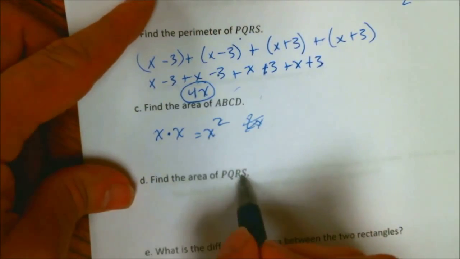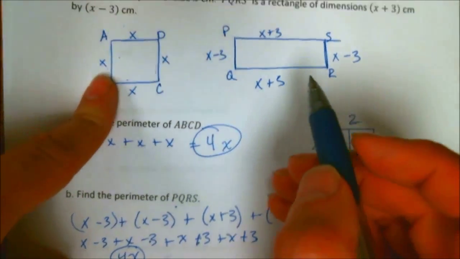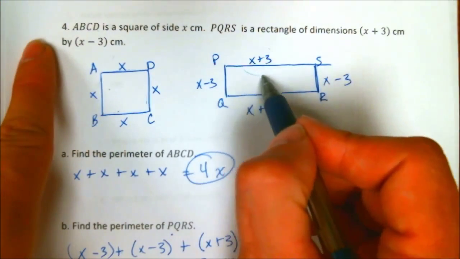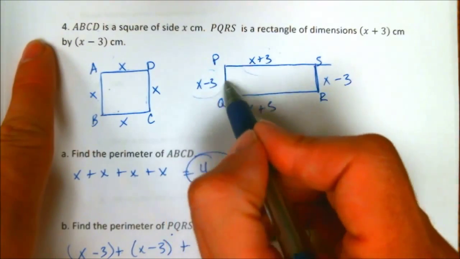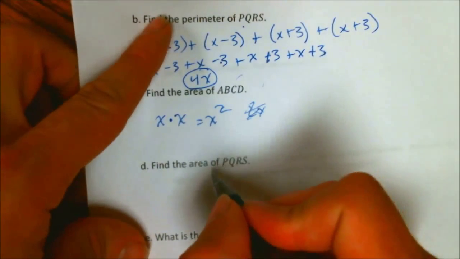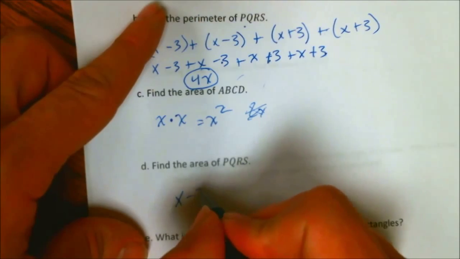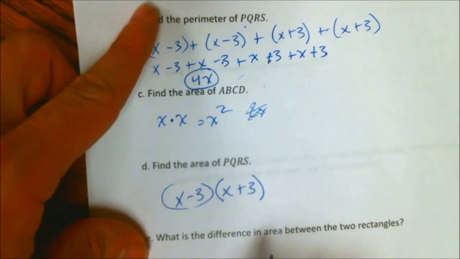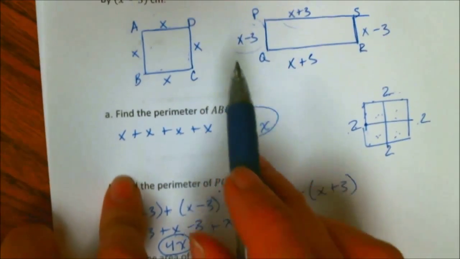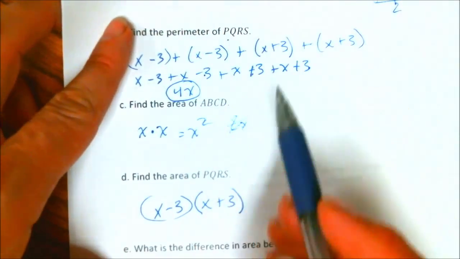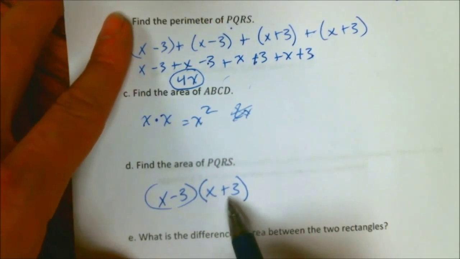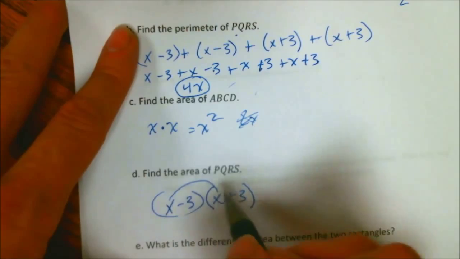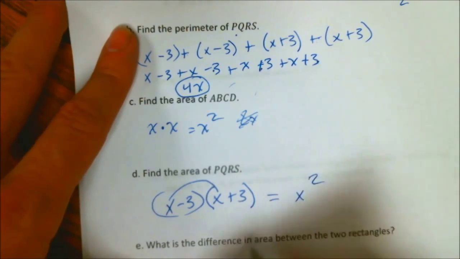Which tells you the area of PQRS does the same thing. Here's PQRS, which means I have to multiply this length right here by this length right here. So I have x minus 3 times x plus 3. Can you see why this stuff applies? This is exactly what we're doing on the previous pages. Let's distribute. X times x is x squared.